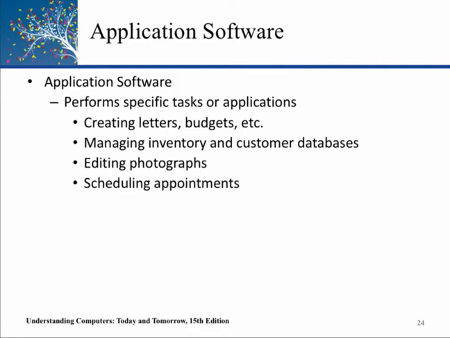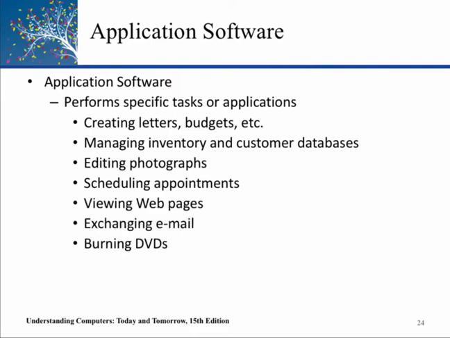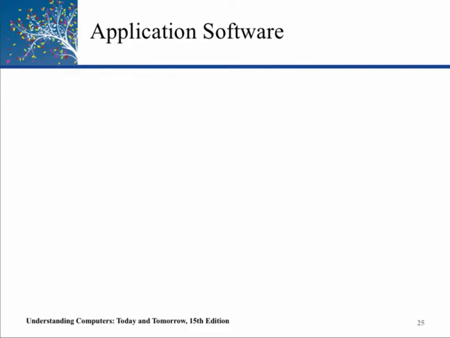That's our calendar, viewing web pages, browsing the web, doing email, burning DVDs of appropriately gained movies you bought, designing homes, playing games. There is an endless list of examples of application software.